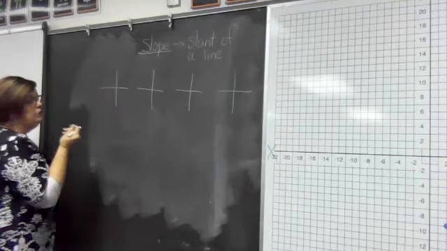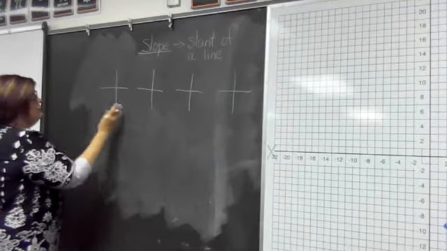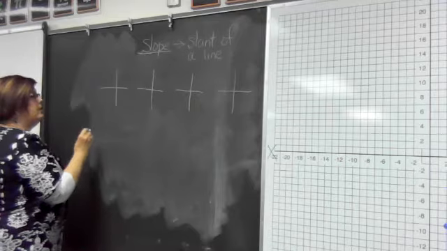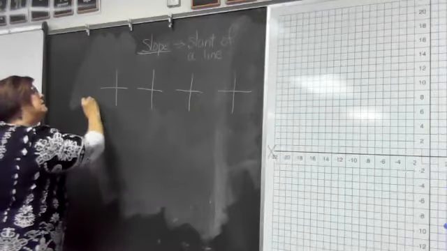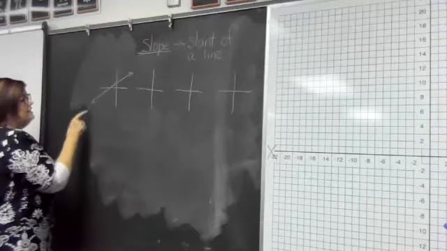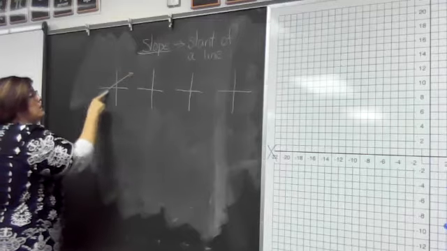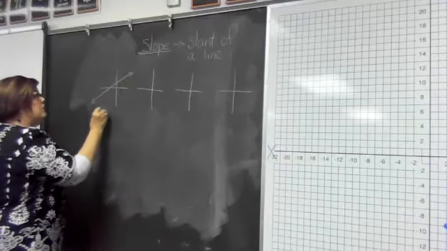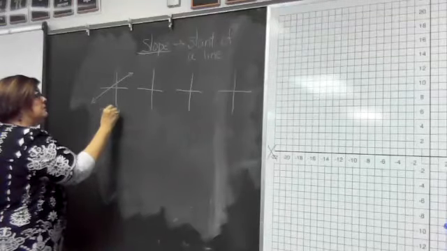Now, every time I'm looking at a slope, I start left to right, like I'm reading a book. So if I have a line that is slanting from low, this is called a positive slope.